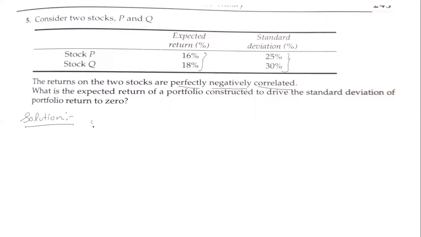So let's calculate it. For P's weight, we have to calculate the expected return. Here we will take the standard deviation of Q stock, because we are calculating the portion.